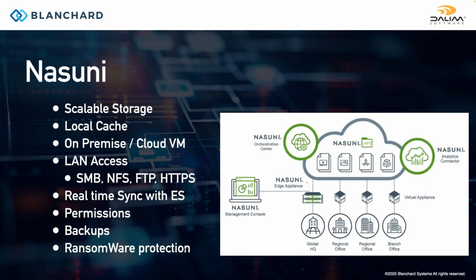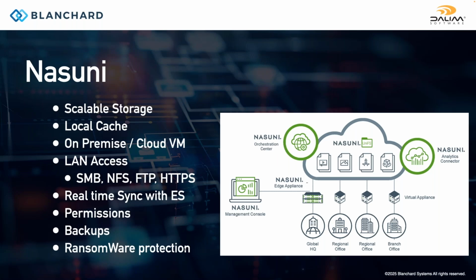So one of the other integrations they've done is actually with Nasuni. What Nasuni is, it's scalable cloud storage being used almost like through a file server to get local access to them. So again, all the rights are kept. You can do on-premise or cloud storage. You have local caching, but you're accessing what's considered an edge appliance.